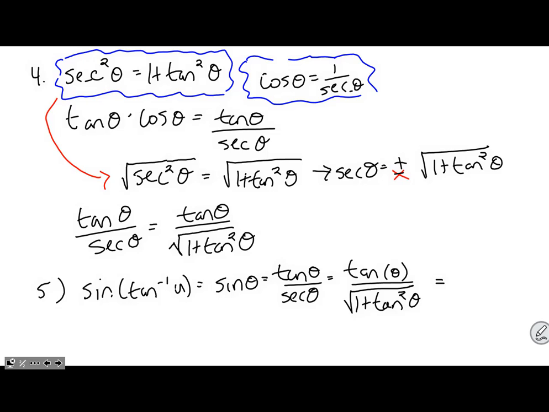Now we replace tan theta with u, because tangent of theta equals u by definition of the inverse tangent function. So we finally have our last bit of the expression: u over the square root of 1 plus u squared. And you're done.